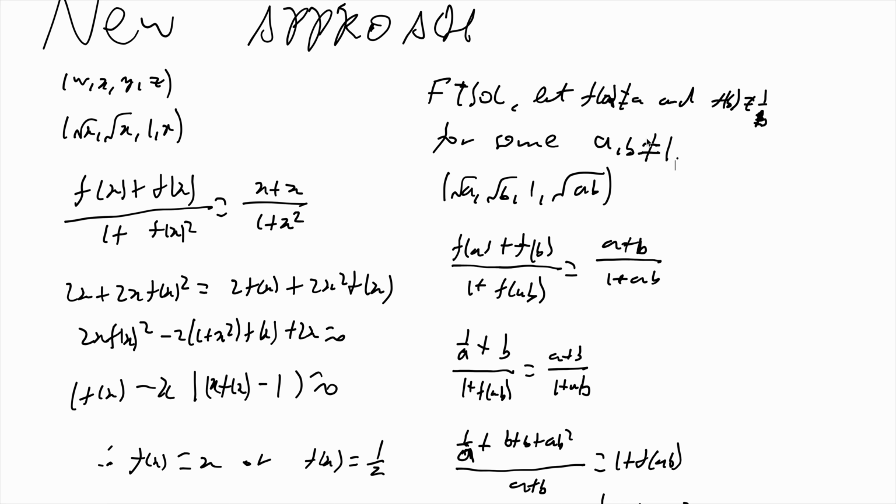And the reason why they're not equal to 1 is because if they're equal to 1, then we cannot make it into this form right here. And what is f of ab?